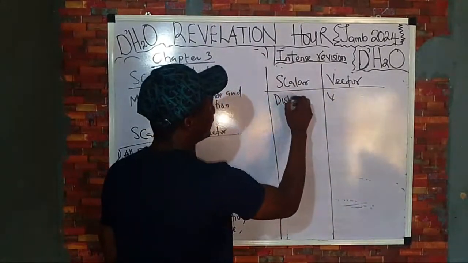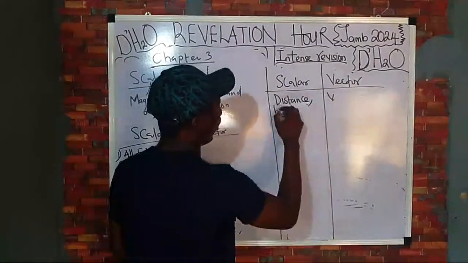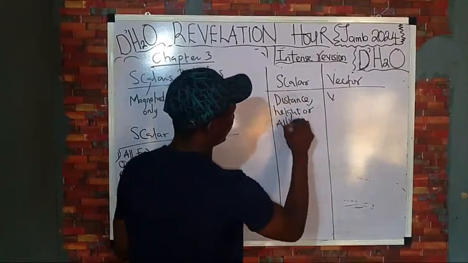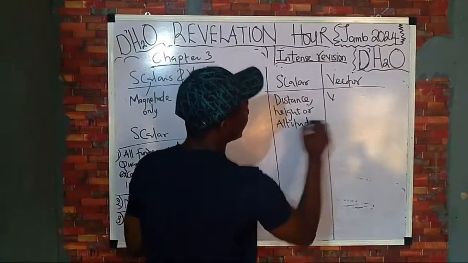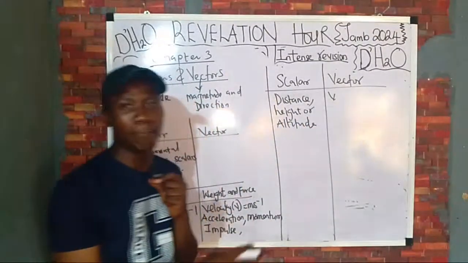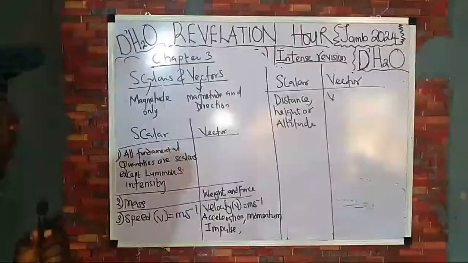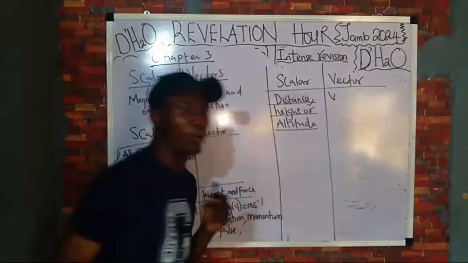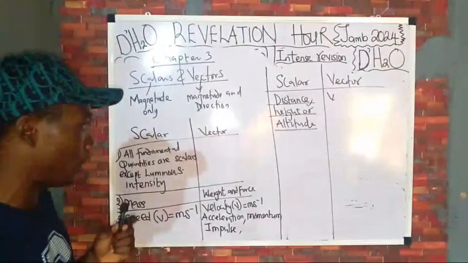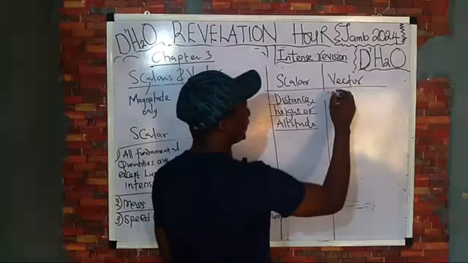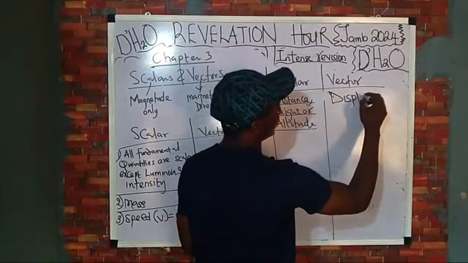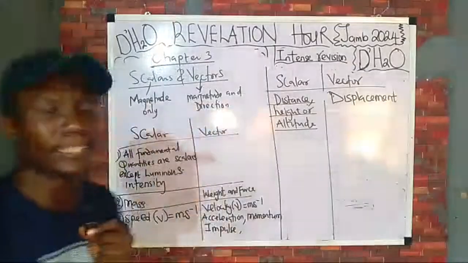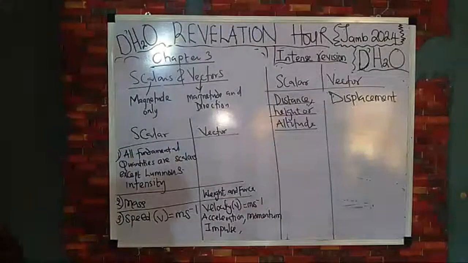If I say this is distance or height or altitude, then don't forget all of these are measured in meters. All these guys, distance, height, altitude, they are meters, but they are scalar, you know. But write this guy here, displacement. What is displacement? Displacement is the distance that is measured in a specific direction.